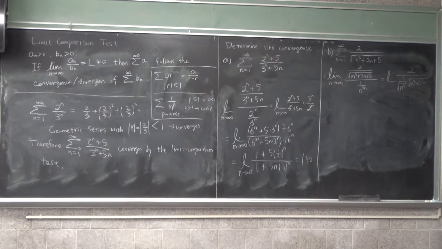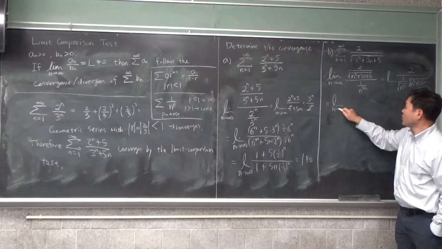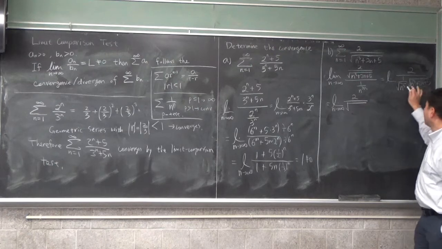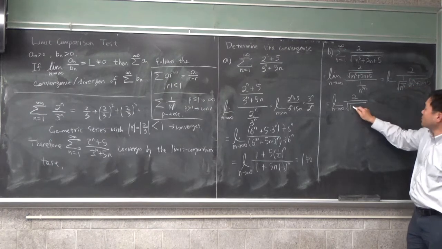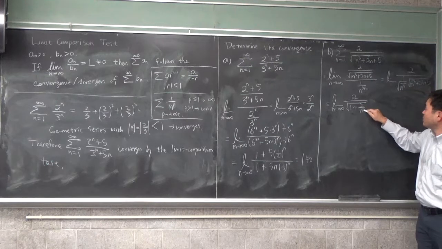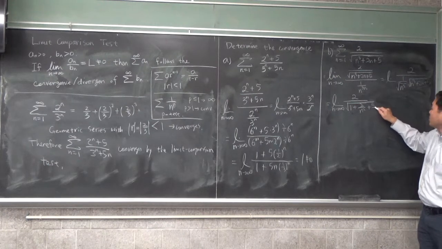And the reason I like that is because then when this gets multiplied inside, these are all divided by n cubed, which is limit n going to infinity of 2 over square root. n cubed divided by n cubed is 1. 2n divided by n cubed is 2 over n squared. And then 5 divided by n cubed is 5 over n cubed.